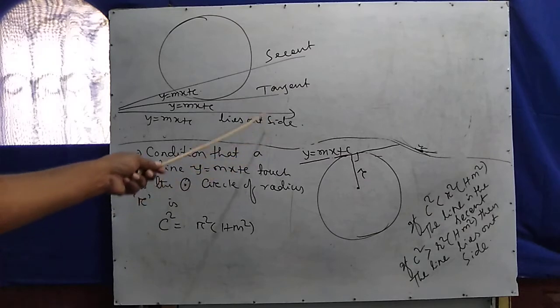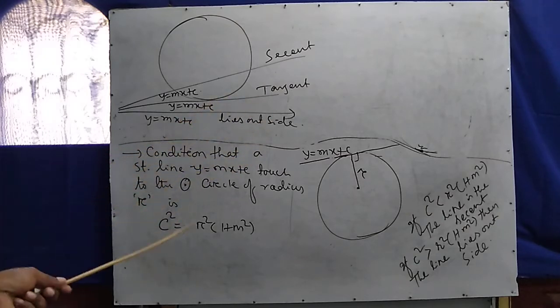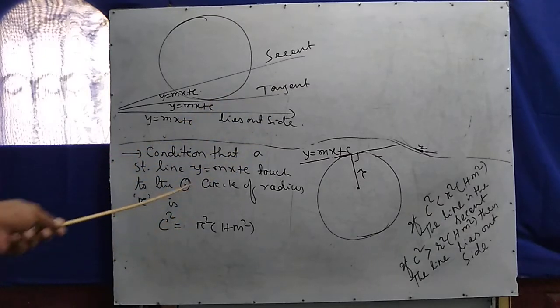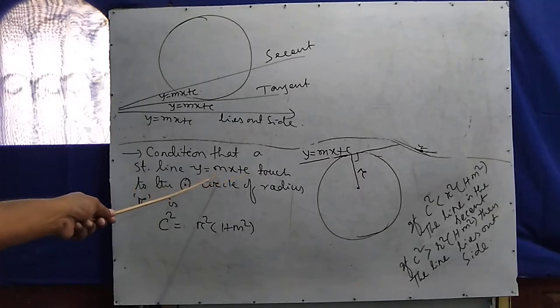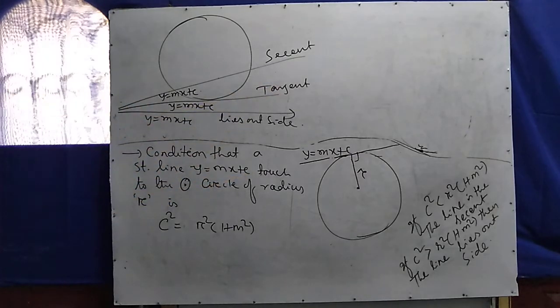So what is c? C is the y intercept of the given line. M is the slope of the given line, and r is the radius of the circle. If the relation c square equal to r square into 1 plus m square is satisfied, then this straight line touches the circle, that is, it is tangent to the circle.